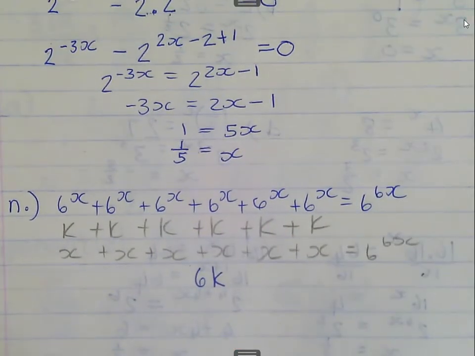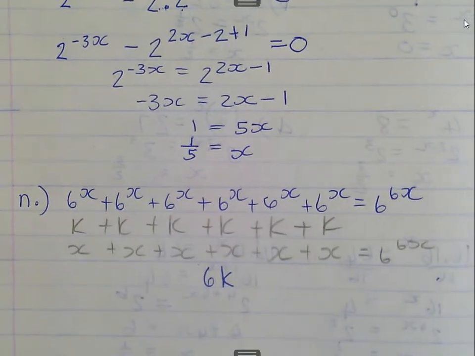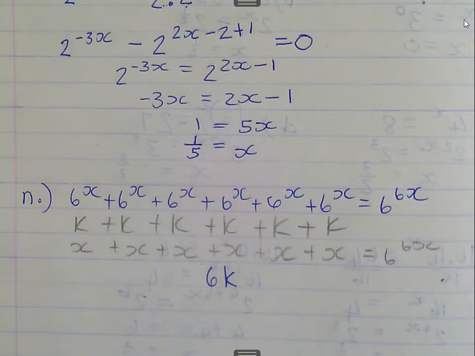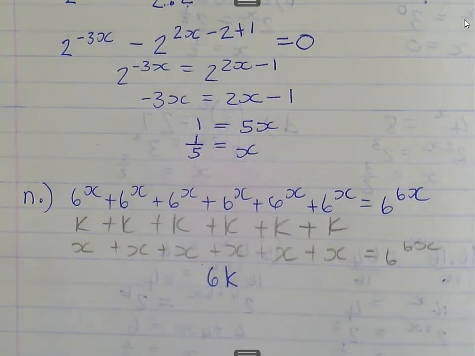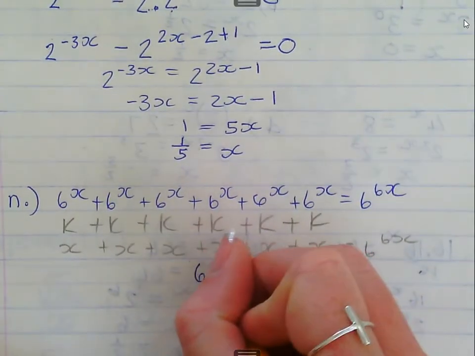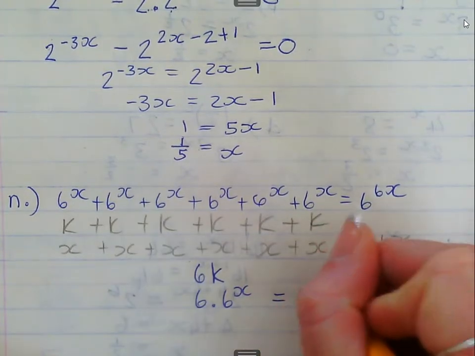Okay? Now, what the K method does is it makes the actual mathematical calculation easier without the gogga confusing you. Okay. So now I've done the calculation. Now I go and substitute the gogga back into K. And then see what it's going to look like. 6 times 6 to the power of x equal to 6 to the power of 6x.